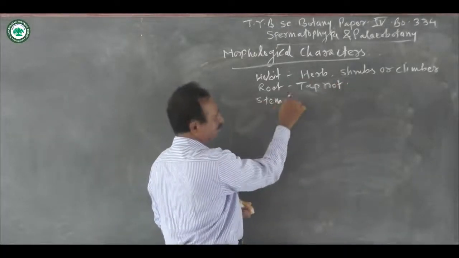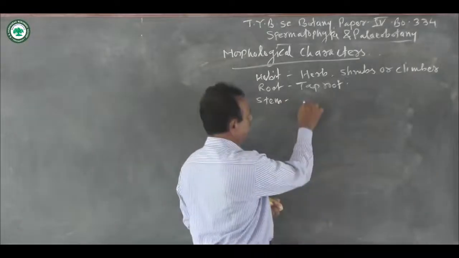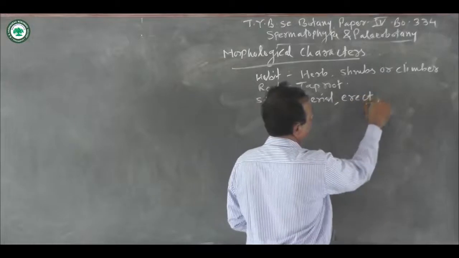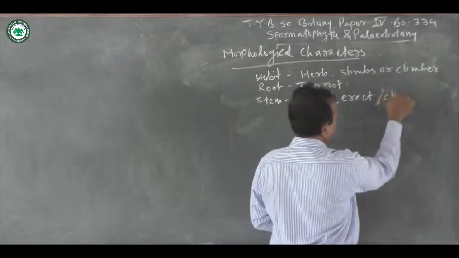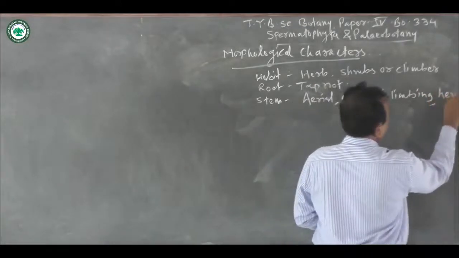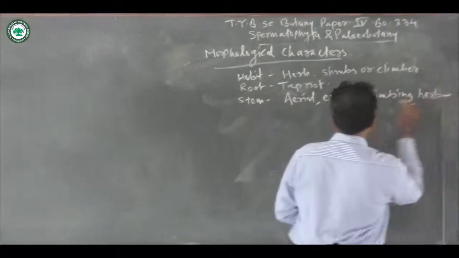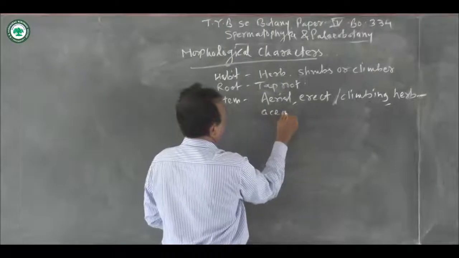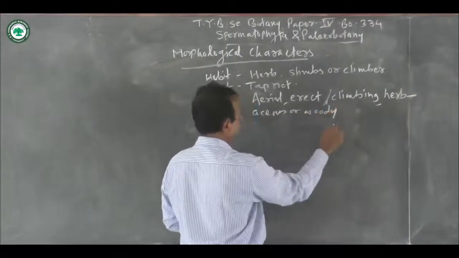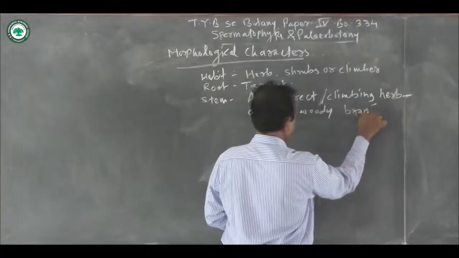If we see the stem, it is aerial, erect or climbing, herbaceous or woody, and branched.